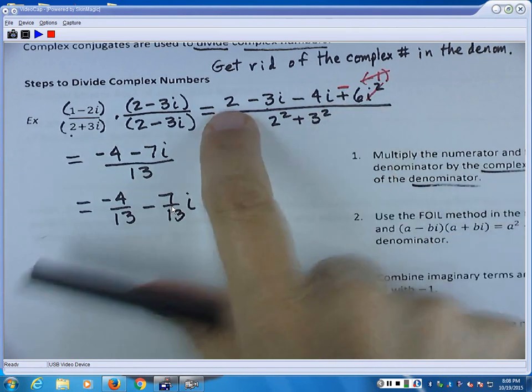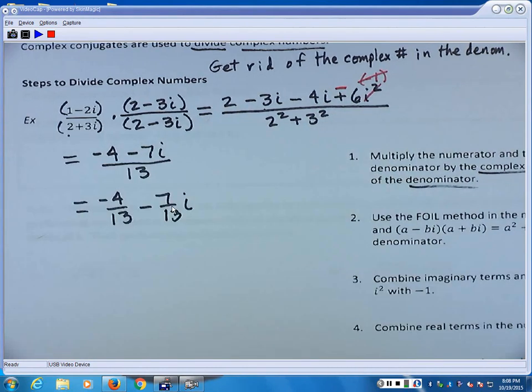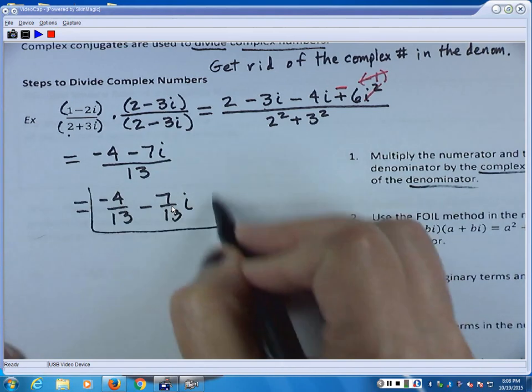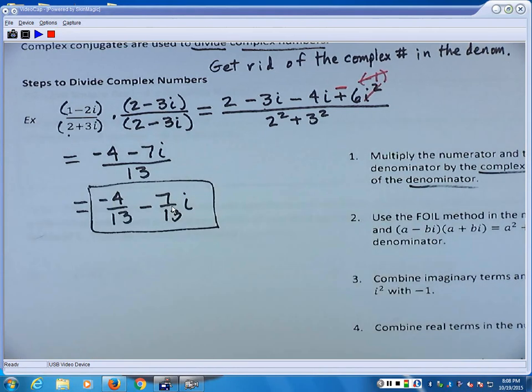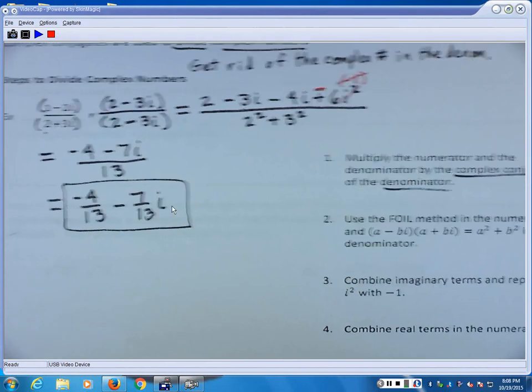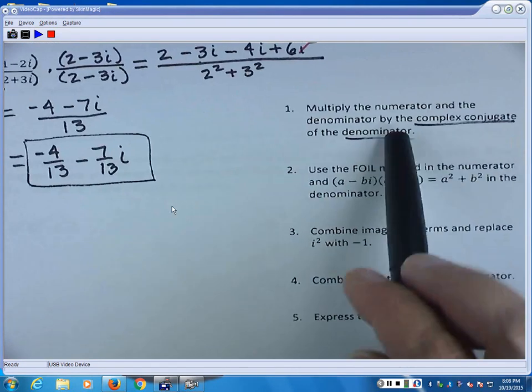Negative 6 plus 2 is negative 4. So that's how you do it. That's how you divide complex numbers. And here are the steps right here.